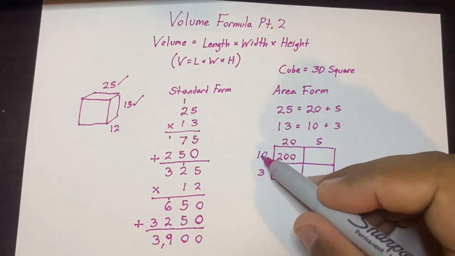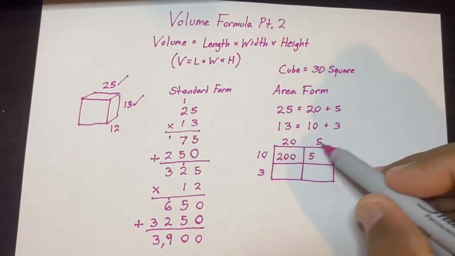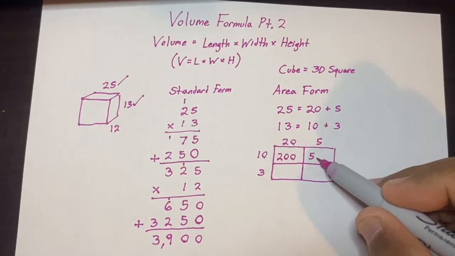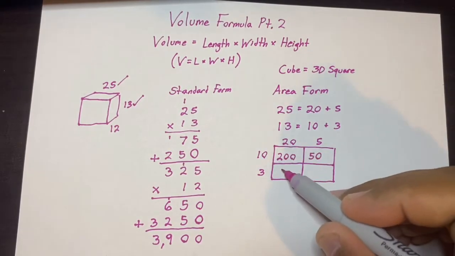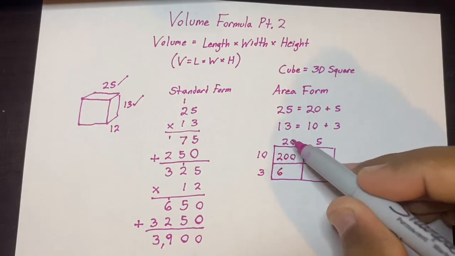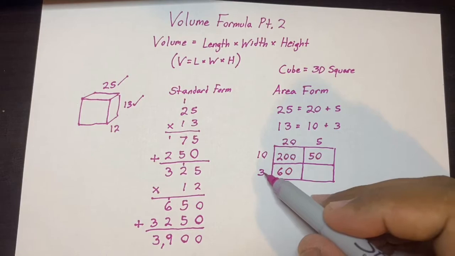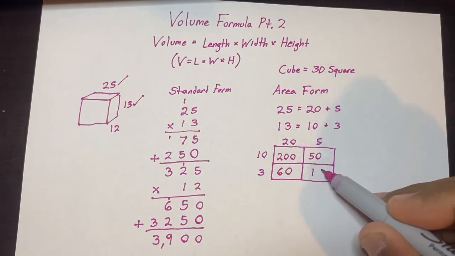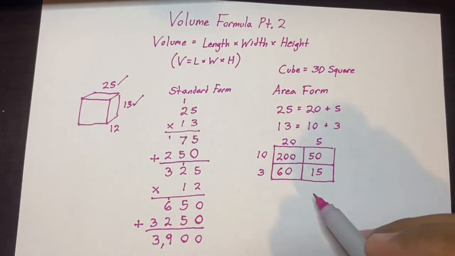Then we do 1 times 5 is 5. Between the 10 and the 5, there's 1 zero, so you put 1 zero. And repeat. 3 times 2 is 6. Between the 20 and the 3, there's only 1 zero. Then we do 3 times 5 is 15. It simplifies this so much better for the kids.